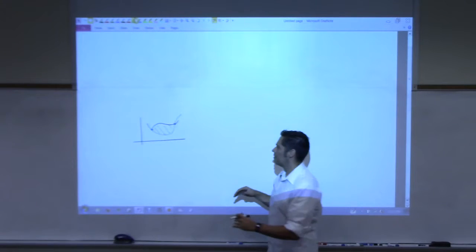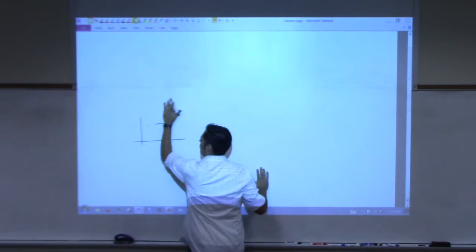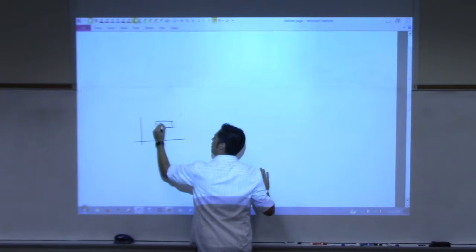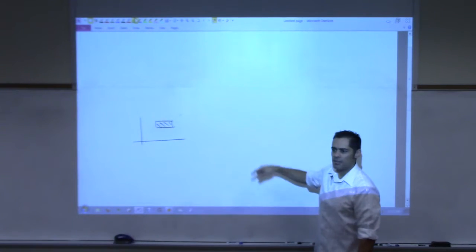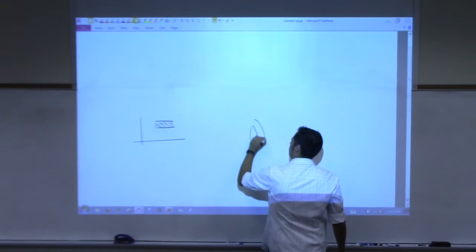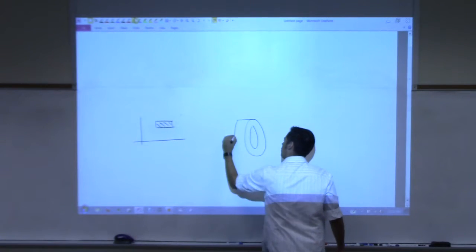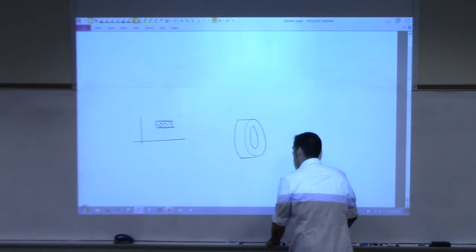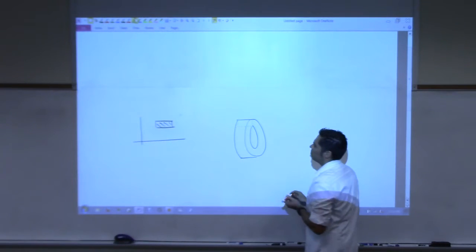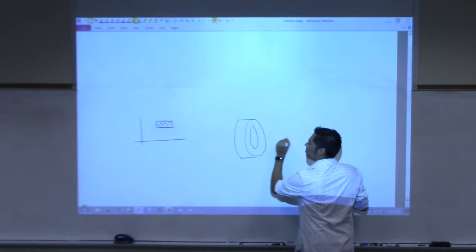Yes or no? Maybe it'll be easier if I use an easier shape. Let's say we have this function and this function, and we look at that area and we wrap that around the x-axis. What would that create? There's that shape, right?